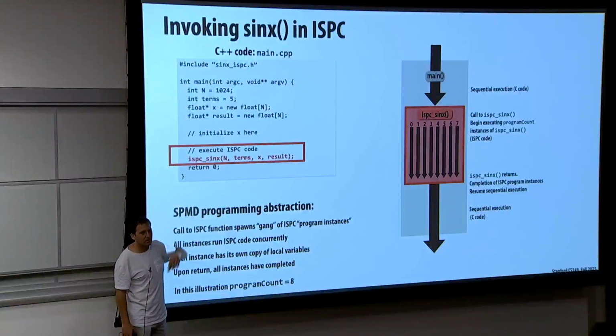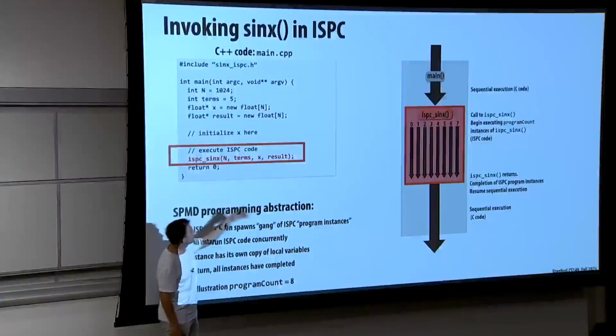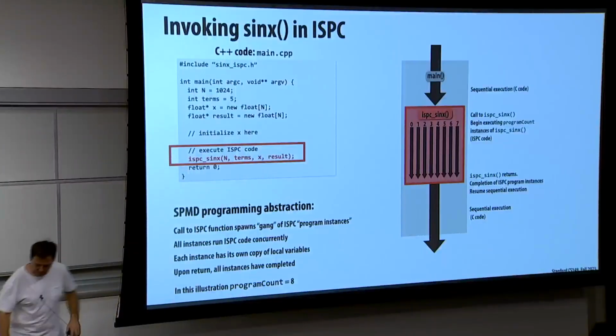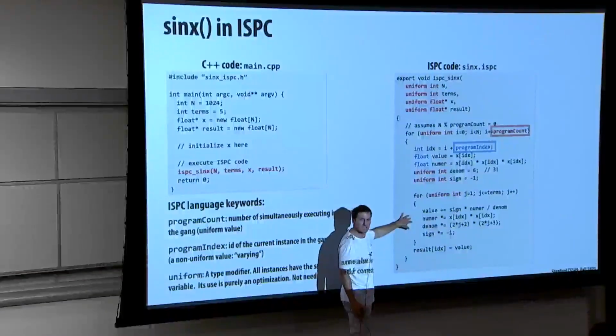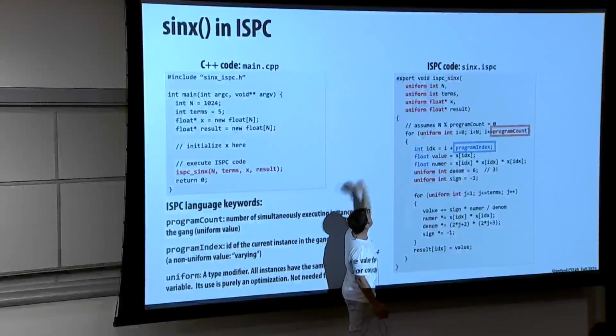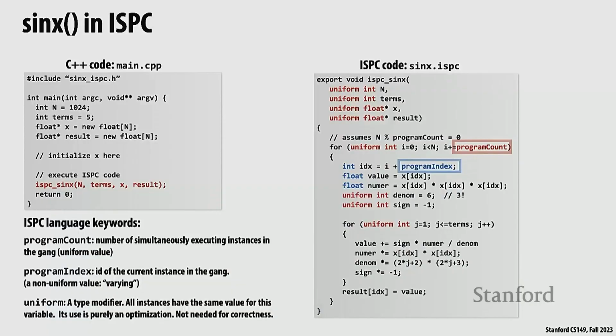When I call a normal C function, my control just transfers to the top of that function, and I run those instructions. I do what the program says sequentially, and then I end up going back to the caller, right? So how does an ISPC function differ from that?